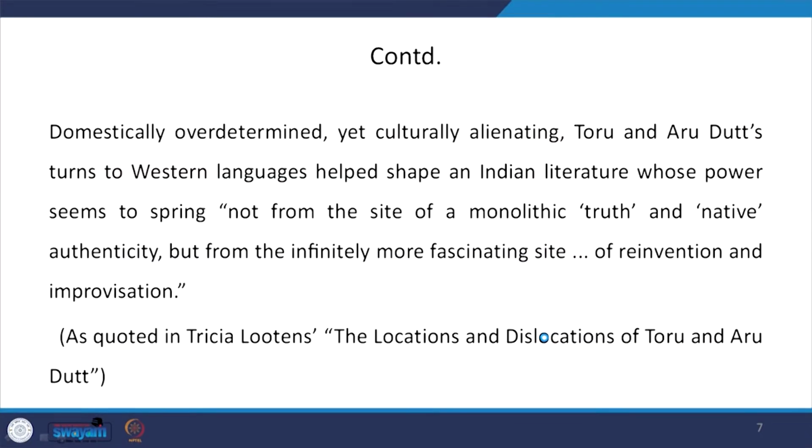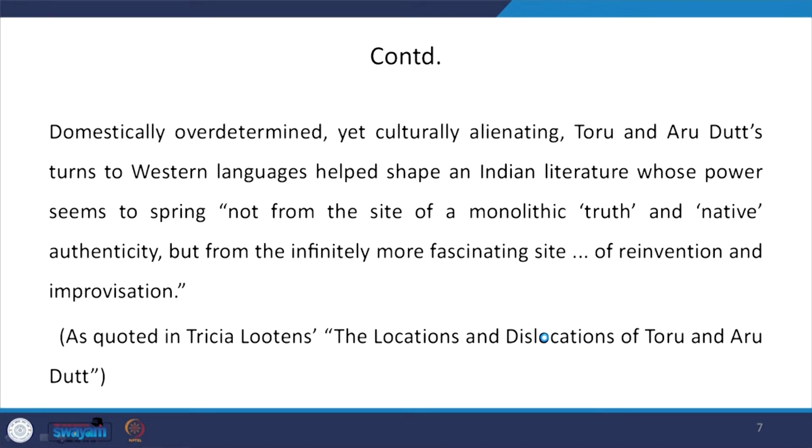Now, about Toru Dutt, what Tricia Lutin says is very significant, and all of us should try to understand. Domestically overdetermined, yet culturally alienating, because she was living in England and partly in France. Toru and Aru Dutt's turns to Western languages helped shape an Indian literature.